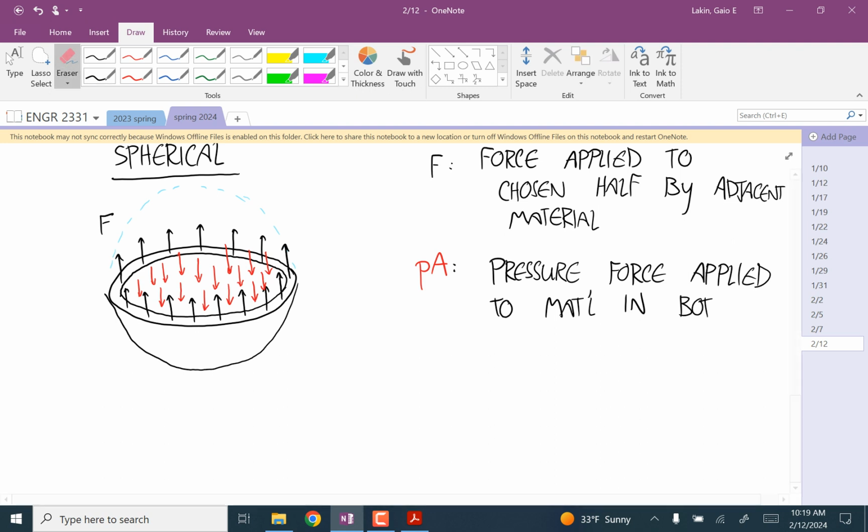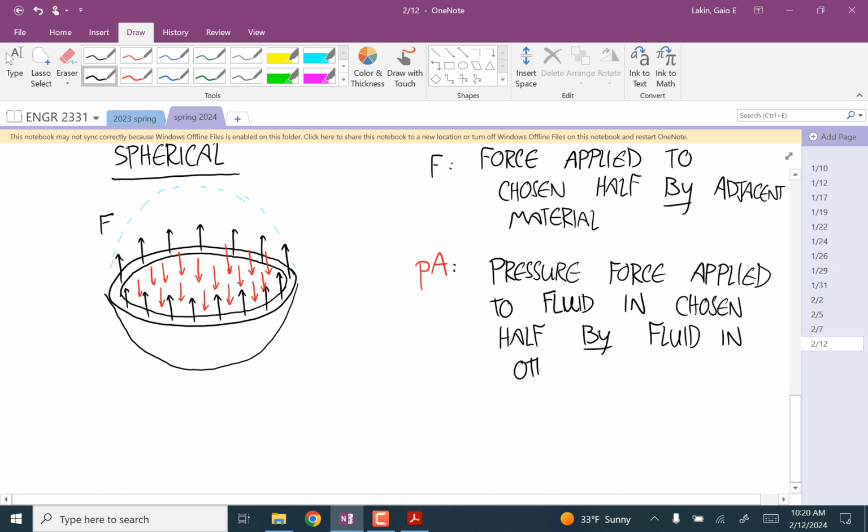Let me call that the chosen half. And instead of material, let me change this to fluid, because this has to be some kind of gas or liquid inside. So fluid in the chosen half by the fluid in the other half.